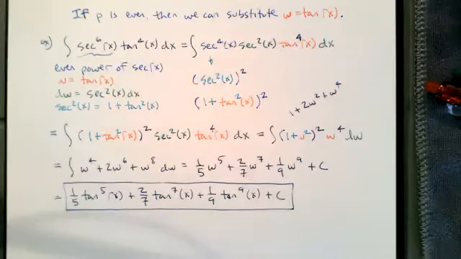Any other questions? So yeah, that's it. We've successfully discovered a substitution that we can make. So if P is even, if the power of secant is even, then the substitution is w equals tangent x.